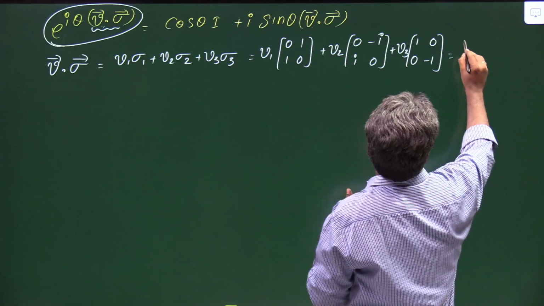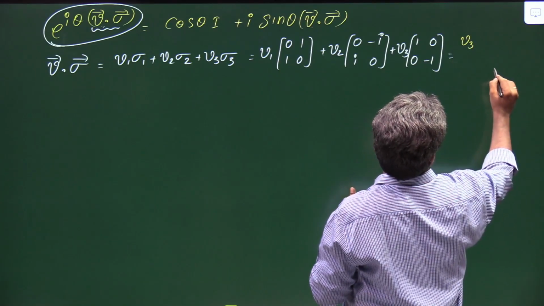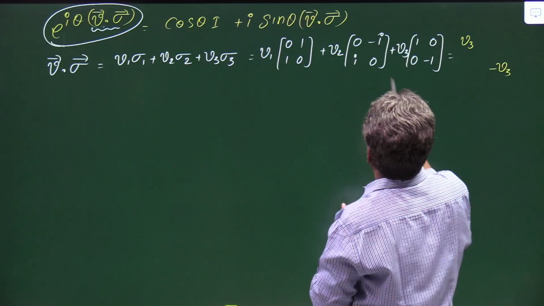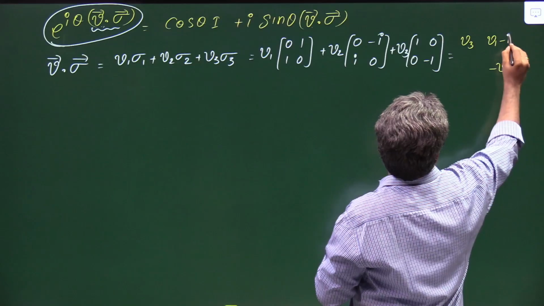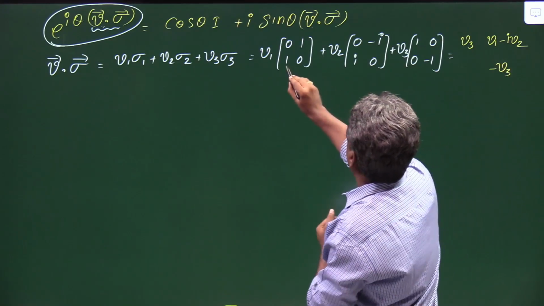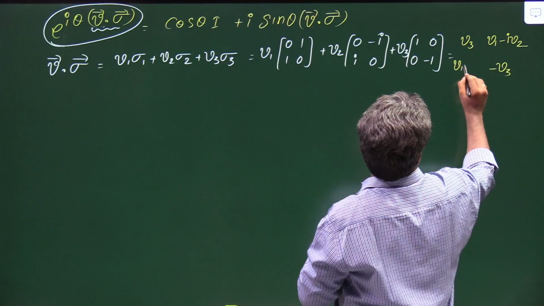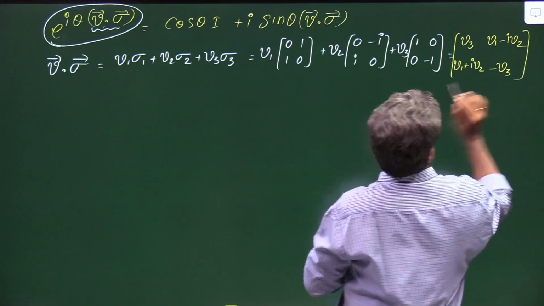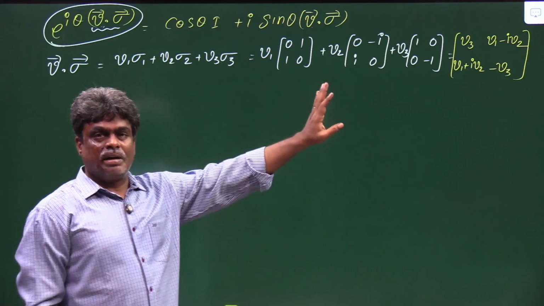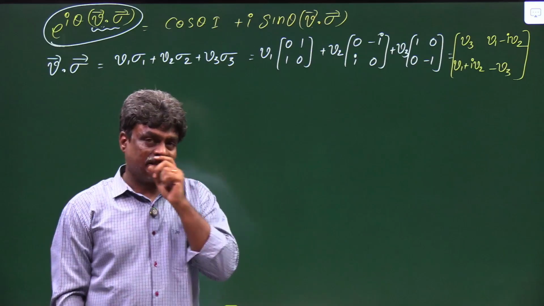Here you will get v3, and here you will get minus v3, and in the off diagonal you will get v1 minus iota v2, and here you will get v1 plus iota v2. That's it. So this is my v bar dot sigma matrix.